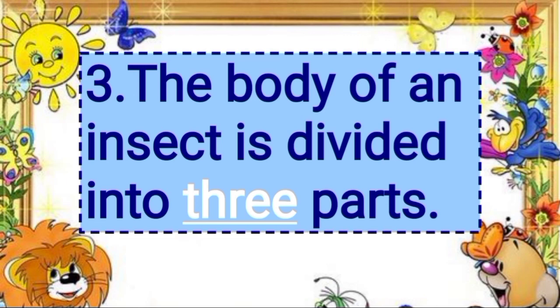So the answer is three, which are head, thorax and abdomen. So as you know, insects have 6 legs and their body is divided into 3 parts, which are head, thorax and abdomen. So the answer is 3.